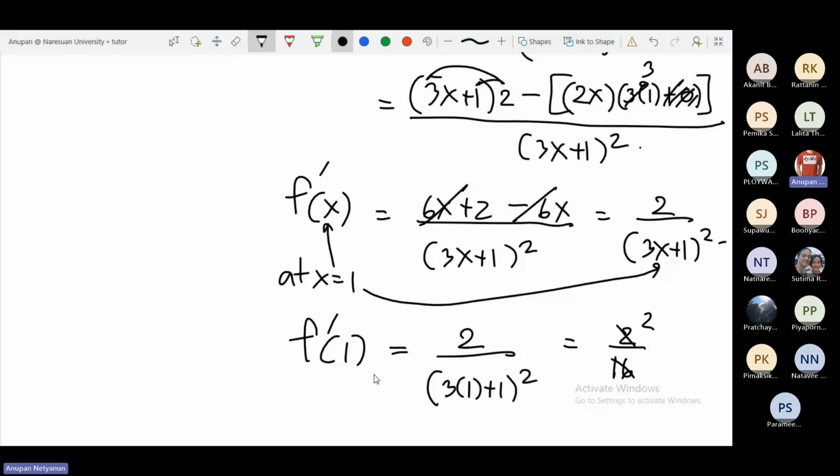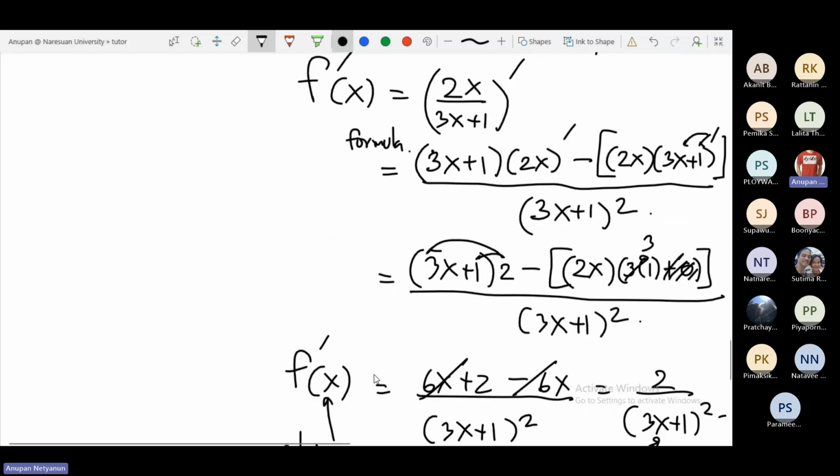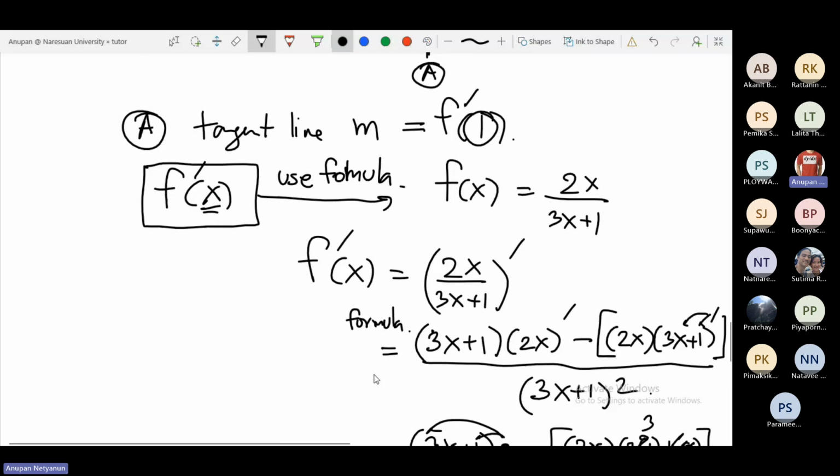So you can do some cancellation: 2 divided by 2 is 1, 16 divided by 2 is 8. So you have 1 over 8. Okay, that's your solution. So that means your slope is 1 over 8.